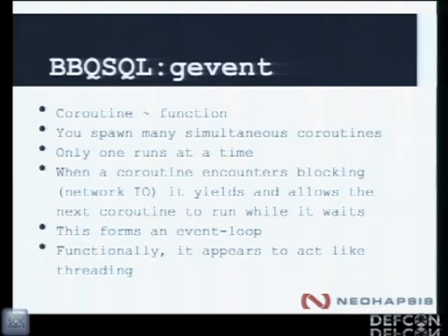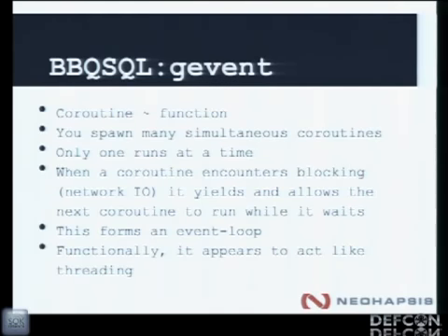And then as soon as that coroutine, or that function, hits blocking I/O, it jumps to the next one, and then to the next one as it hits this blocking. What you wind up with is what's called an event loop, where you have something that seems a lot like threading, but you're not actually doing threads, and you don't have a lot of the overhead that you have with threading. But it's functionally like threading. This is also different from a lot of the other event-driven stuff.